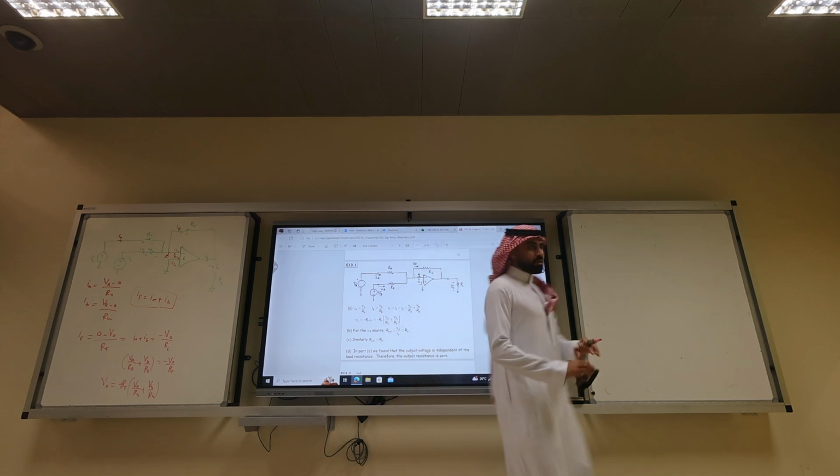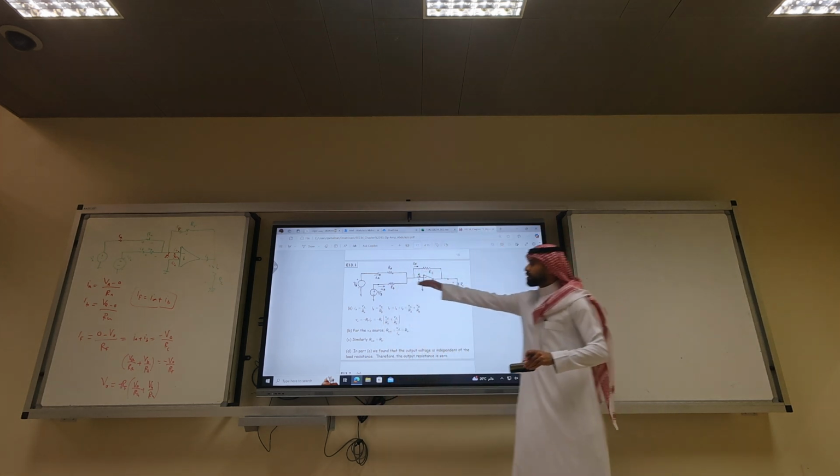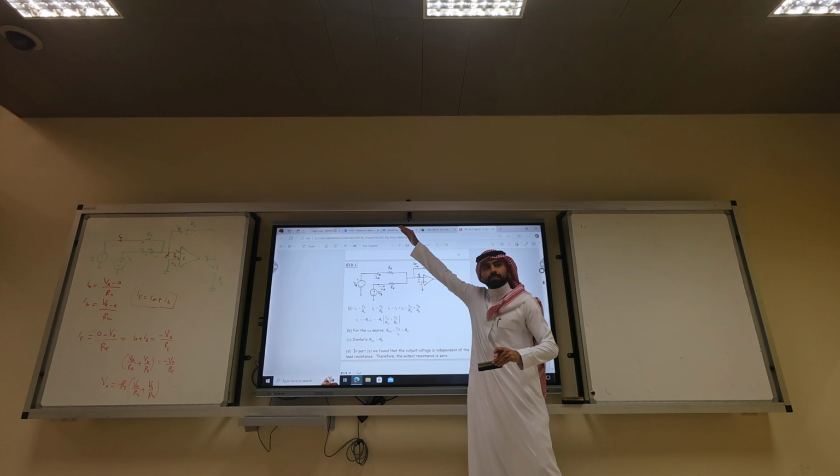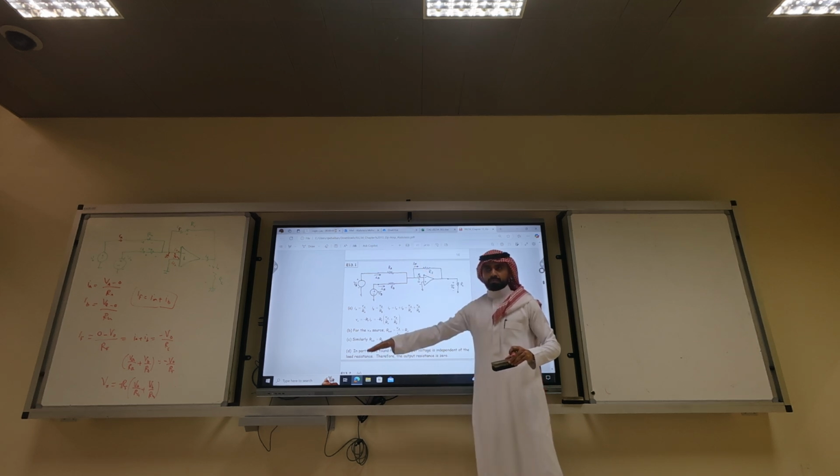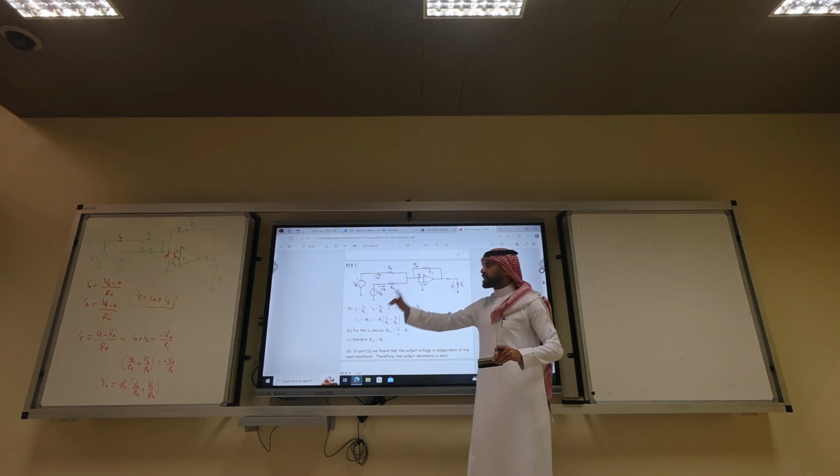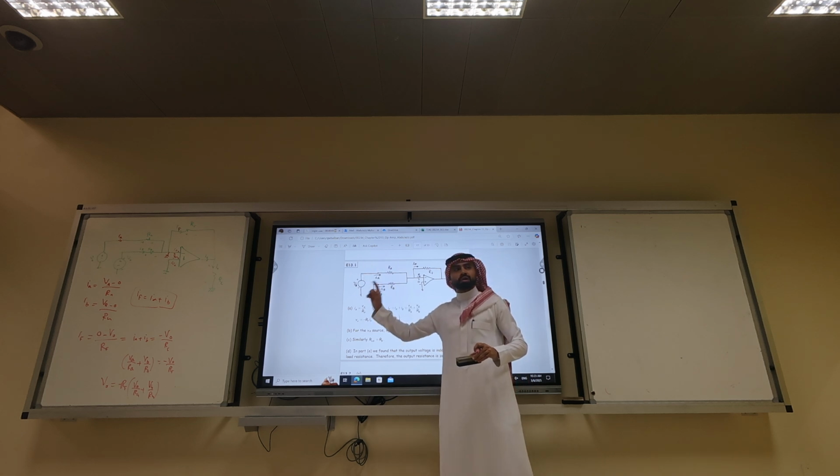Okay? Now, if we make this, for example, 10 or 8, and every time I put a signal 1 or 0, 1 or 0, can you envision a digital signal being generated from this?